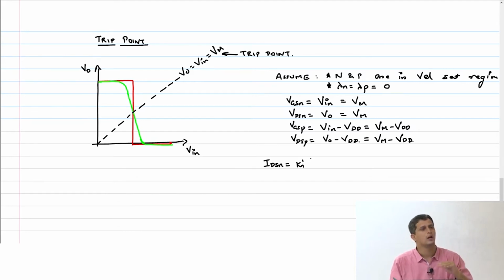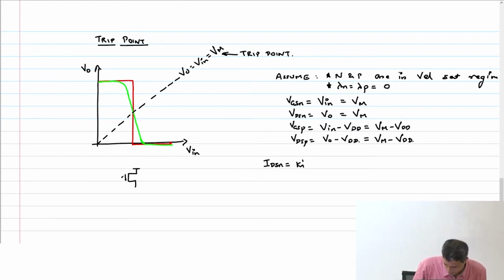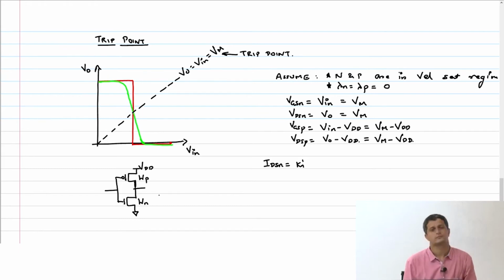I am going to call it Wn and Wp, okay. So let me clarify that here explicitly. I have the PMOS transistor, VDD. This is WP and WN.